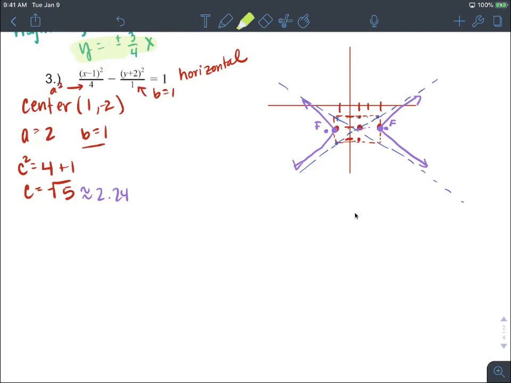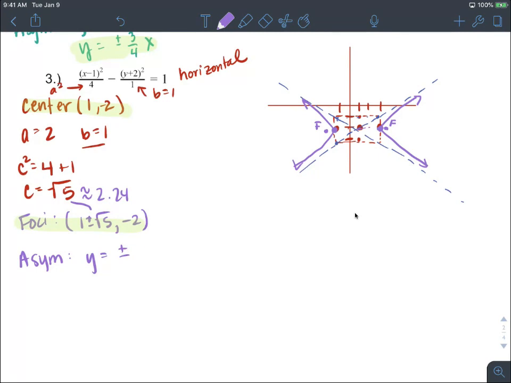So I have a center at 1, negative 2. I have foci: I started at 1 comma negative 2, and I added and subtracted my C value, which is √5. So those are the points for my foci. My asymptote equation is y is equal to plus or minus a over b.